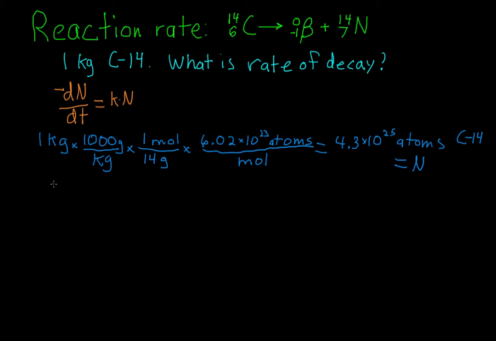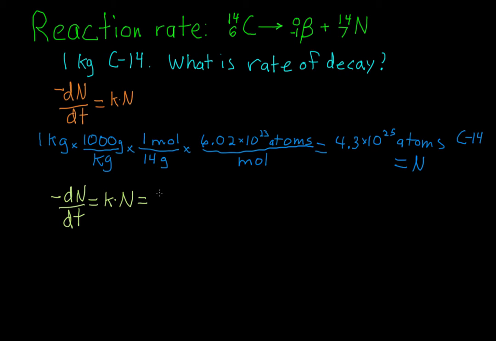We want to find the rate, so we say negative dn dt equals k times n.